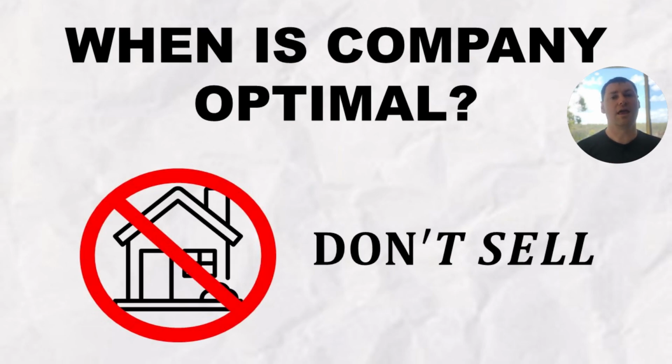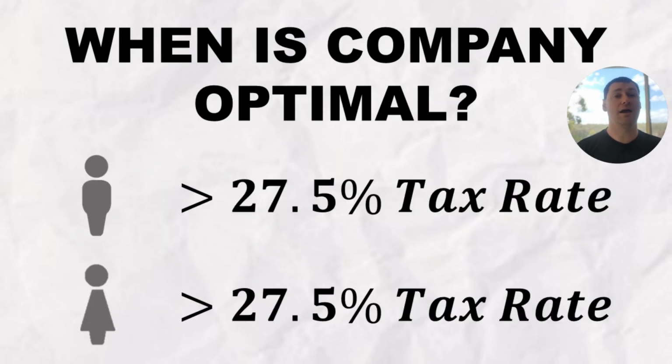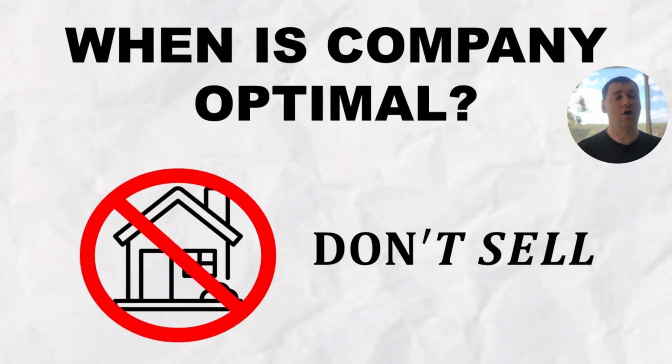Why is this? Any income that the company earns over the course of the year is taxed at a flat 27.5%. If you individually are paying more than 27.5% tax, the company tax rate reduces it back to 27.5% for any additional income. However, it only becomes effective if you're not selling the property, so you're planning on keeping it.